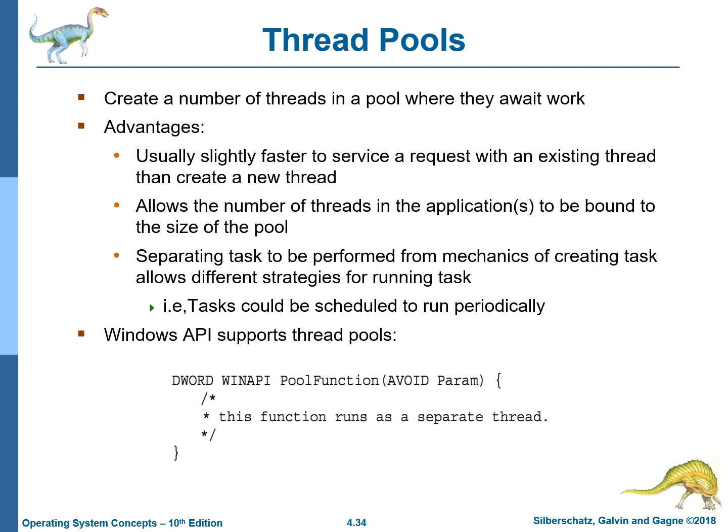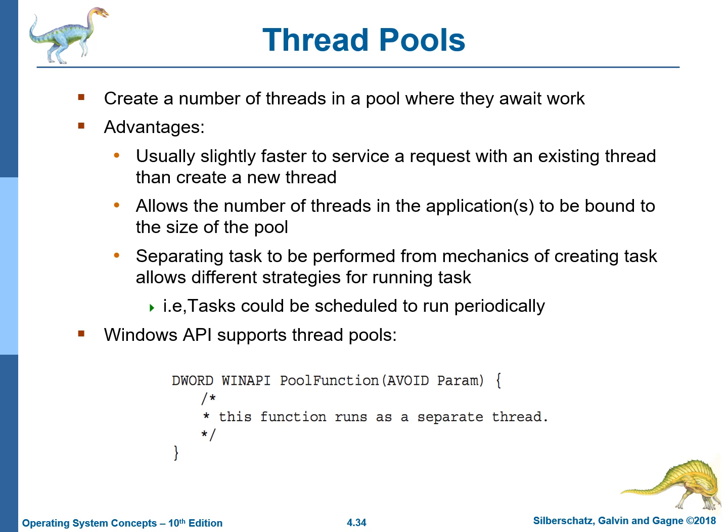So, thread pools. Create a number of threads in a pool where they await work. The advantages are that it is usually slightly faster to service a request with an existing thread than to create a new thread. It allows the number of threads in the application to be bound to the size of the pool, and separating the task to be performed from the mechanics of creating tasks allows different strategies for running tasks.